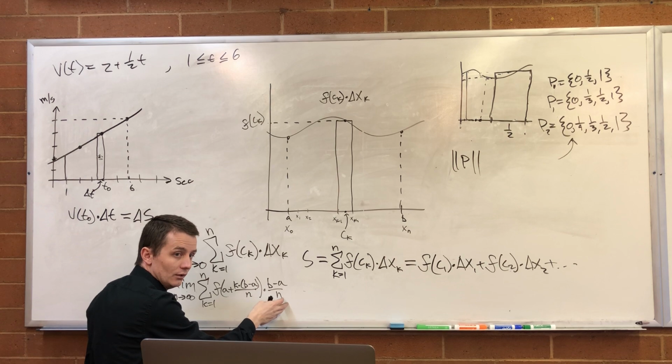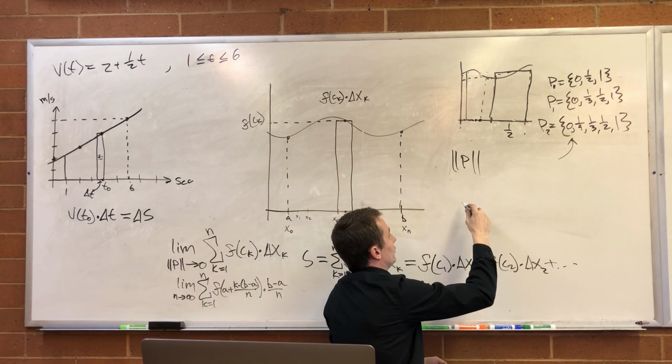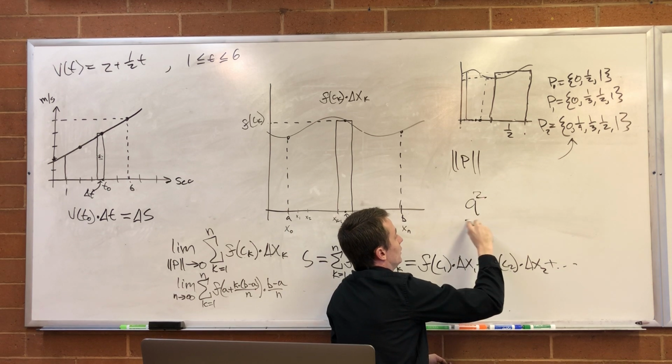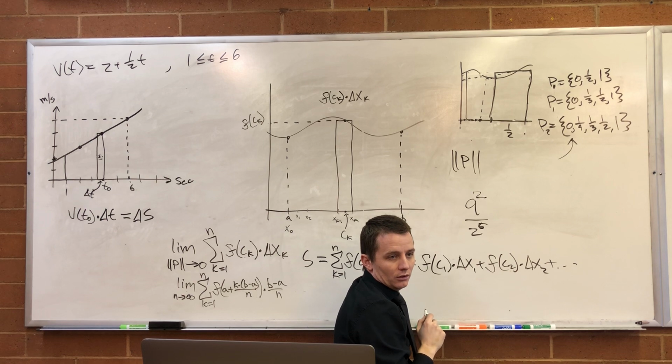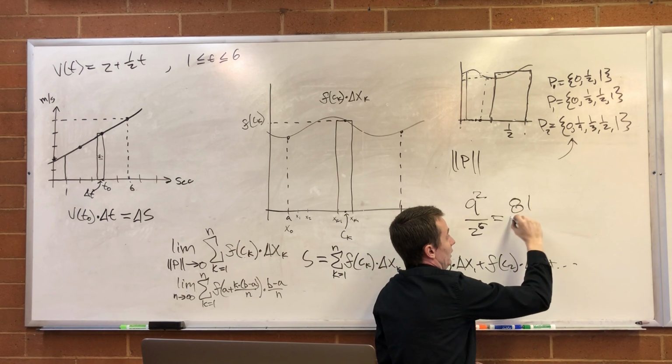It's like me saying, look, there's an infinite number of ways that we could write this number. Another way I could write that, sure, I could write this as 81/32.